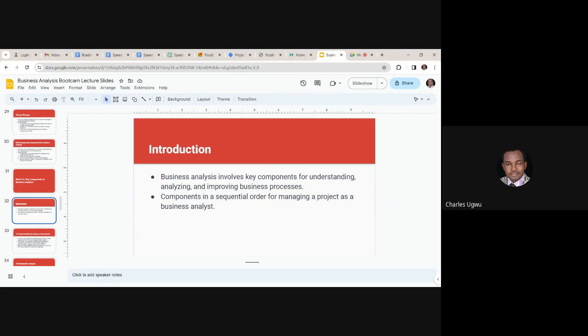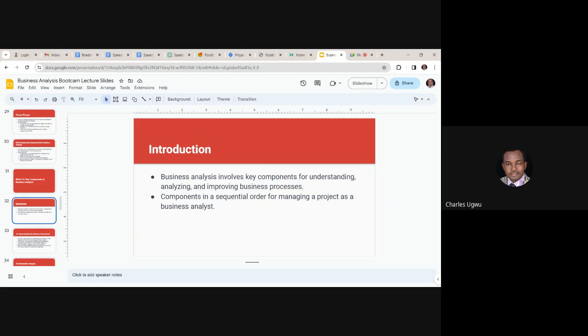This component involves a lot of stages you need to pass through to understand, analyze, and improve business processes. The sequential order will help you to follow things, with discipline, and help you to get good results.